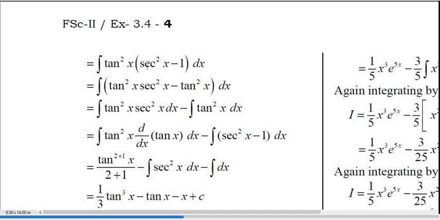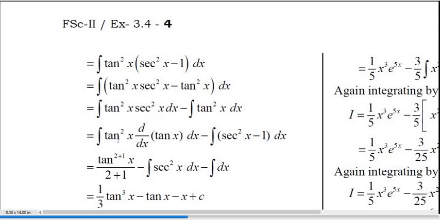Multiplying this tan square x by secant square x and by 1, we get tan square x secant square x minus tan square x. Now applying the integral on these two terms, we get integration of tan square x secant square x d of x minus integration of tan square x d of x. Here we can see a derivative of tan x, which is secant square x. We look only at this tan x. Now the derivative of tan x is secant square x, which is available here.